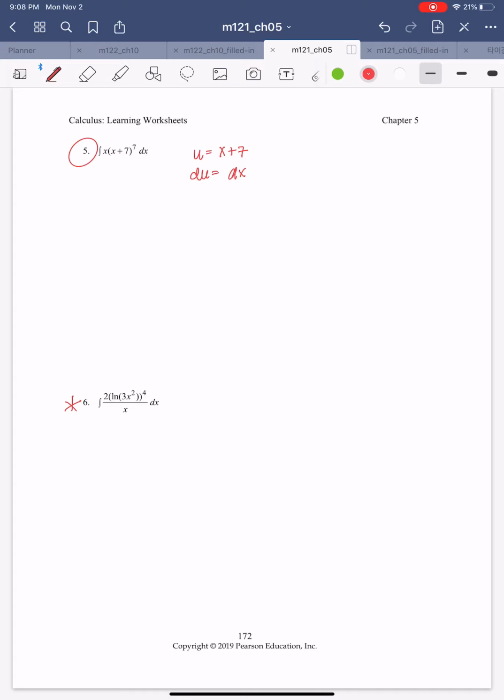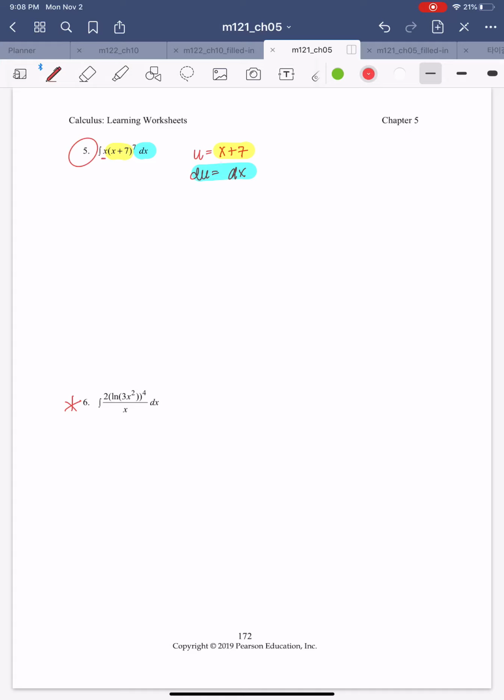Actually, in fact, I'll do number 5 with you because we haven't done number 5 together. Notice what's happening: if I do the substitution x plus 7, and du is just dx, so I substitute du, but you have this missing, not a number, but a term. So that's something that we haven't done.